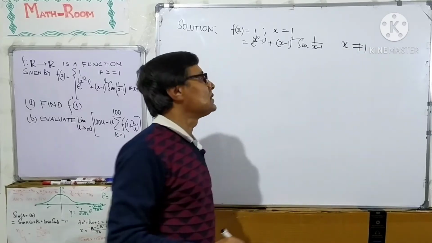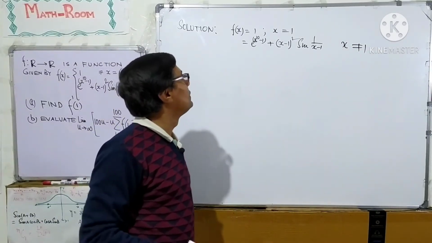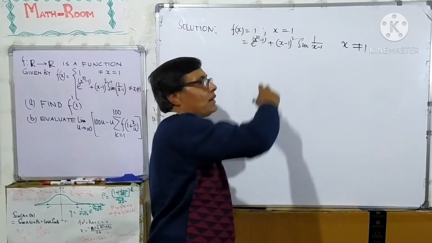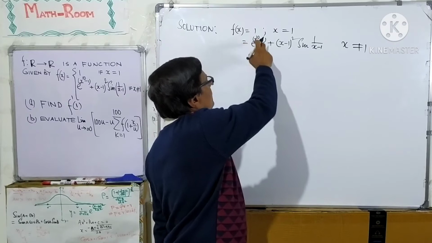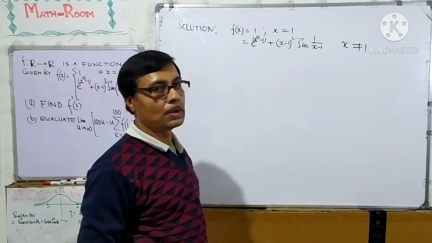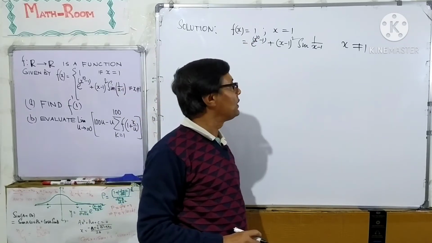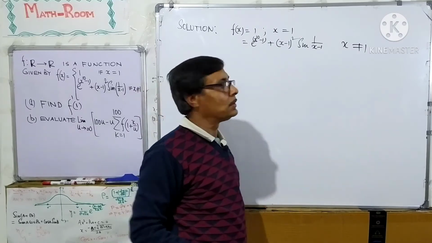Here the function is split into two parts. The first part is f(x) = 1 at x = 1, and the second part is e^(x^10 - 1) + (x - 1)^2 sin(1/(x - 1)) when x is not equal to 1.